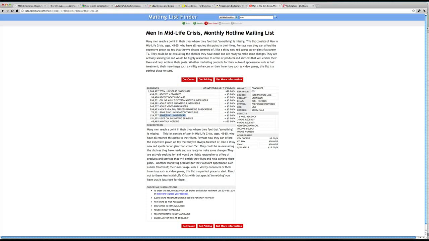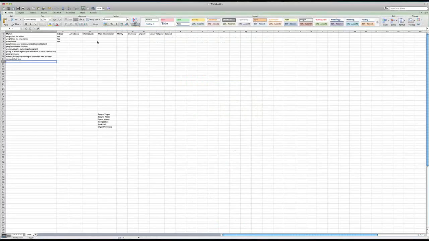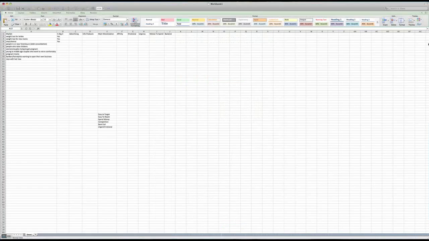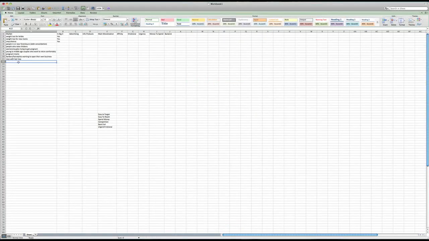Okay, so that's interesting. I think what I would do for this market is just say it is like they described it here, 45 to 65-year-old males in midlife crisis. Aha.